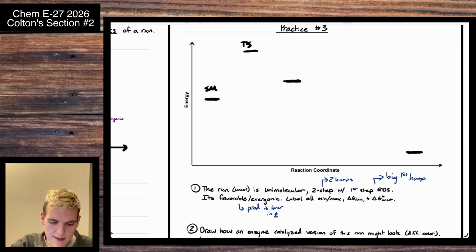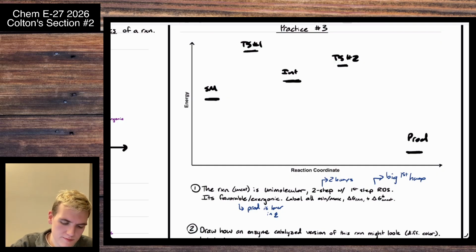This is transition state number 1. This is our intermediate. And then transition state number 2 needs to be a smaller hump. And then we have our product. So because doing the curved things is a little bit tricky here, I'm just going to kind of connect these with big lines.